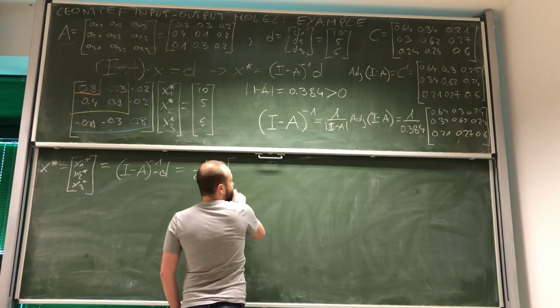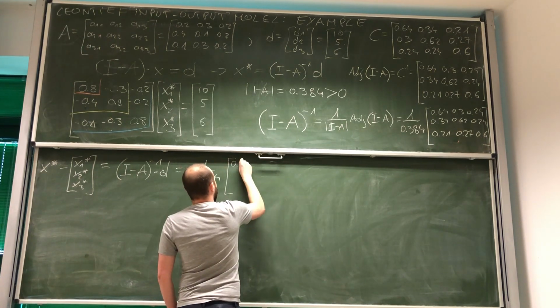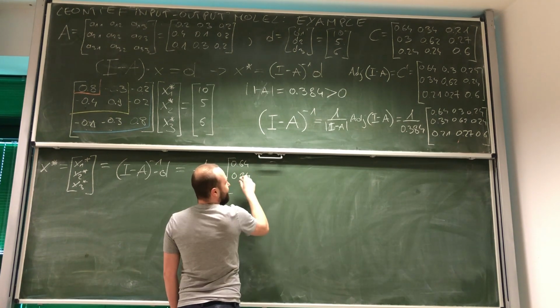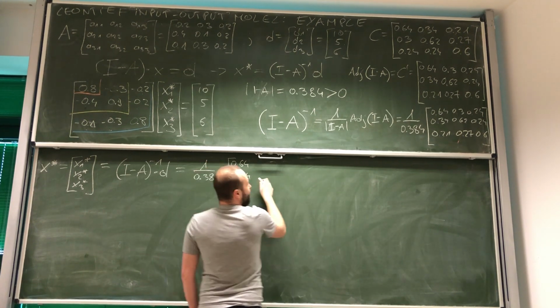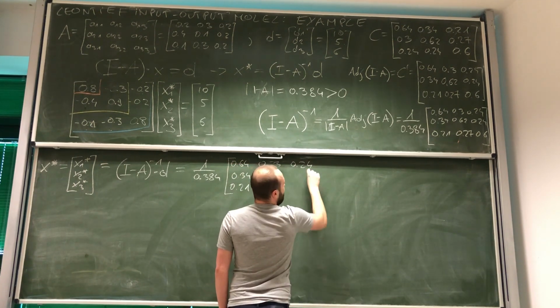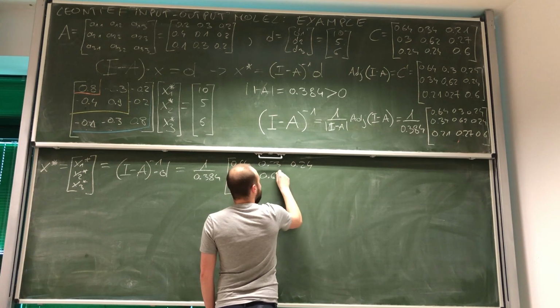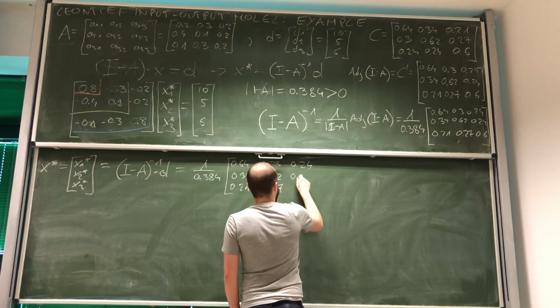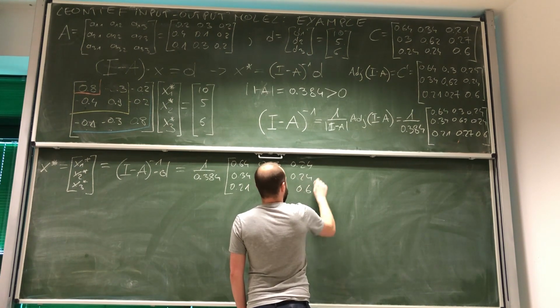Okay. Times 0.64, 0.34 times 0.21, 0.3, 0.24, 0.62, 0.27, 0.24, 0.6.